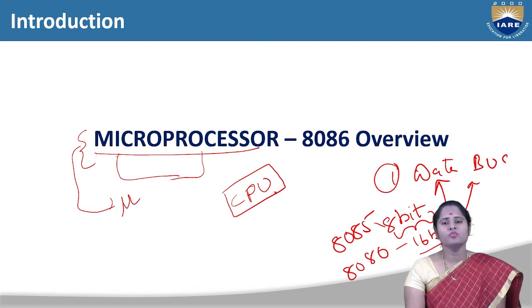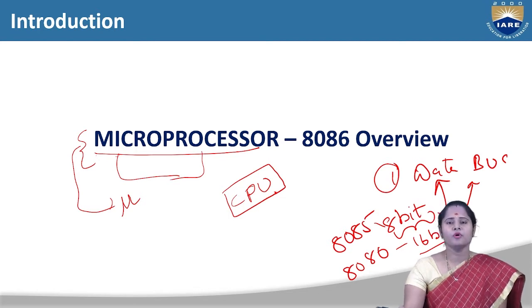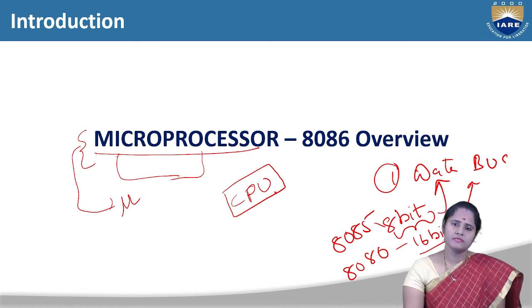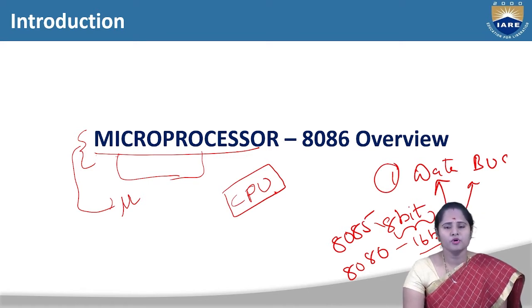This is how the speed can be defined. Depending upon how many bits a data bus can carry, the system and the CPU are faster. That is the first characteristic of the microprocessor, the width of the data bus.